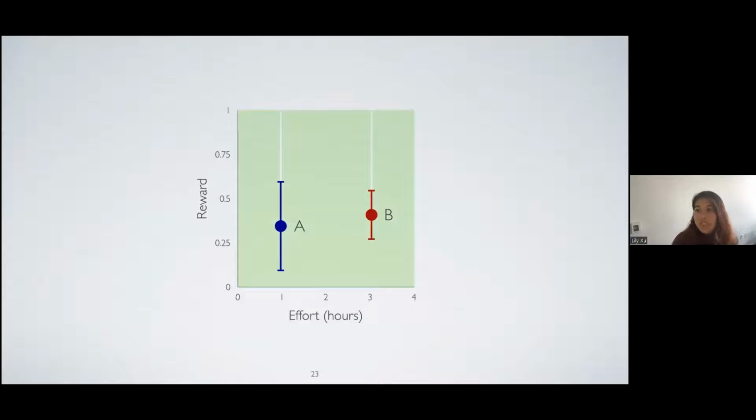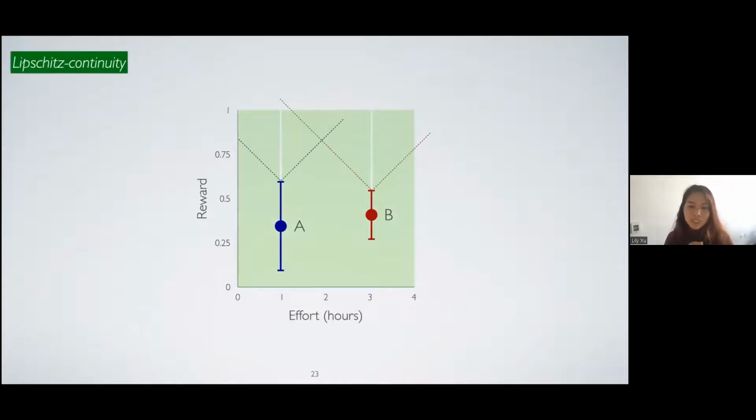So with standard bandit algorithms, we'll have to do exploration of everywhere in this green region and slowly bring down those uncertainty estimates in order to move from exploration to exploitation. However, because we have structured reward function, such as smoothness, we're able to leverage our Lipschitz continuity estimate and then impose that smoothness constraint over the uncertainty space. So here I'm visualizing, for example, a Lipschitz constant of 1, where the slope of this is 1.